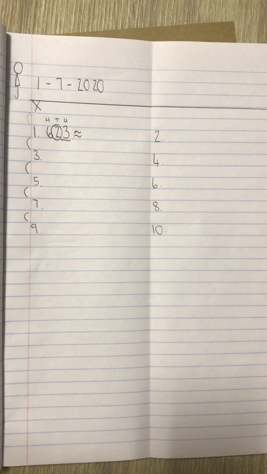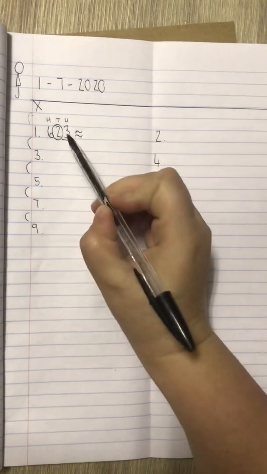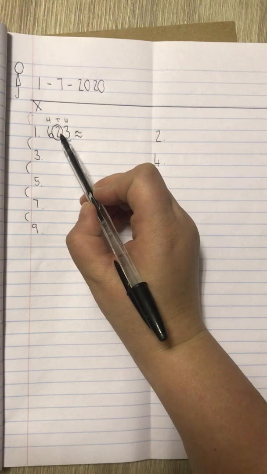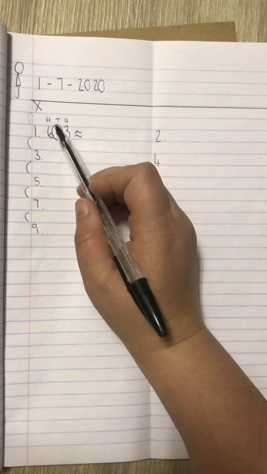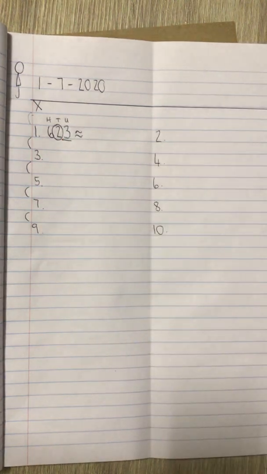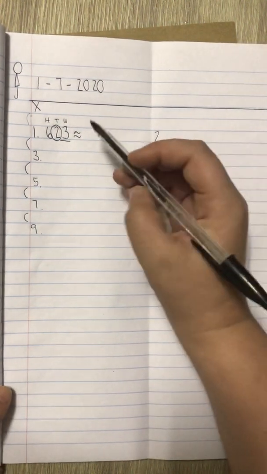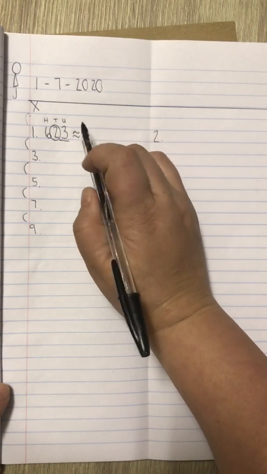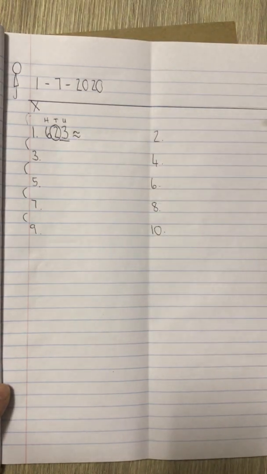Alright, here's where we must use our brains. The 3 tells me that the 2, does the 2 go up or does the 2 stay the same? Does the 2 become 1 more or does the 2 stay the same? Let's have a look. 3. 0, 1, 2, 3 stays the same. 4, 5, 6.